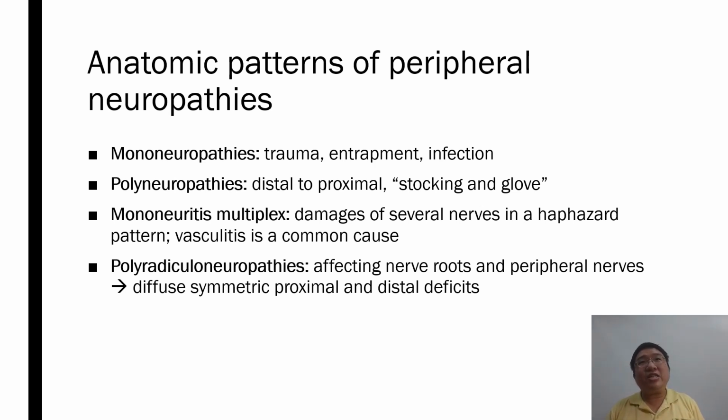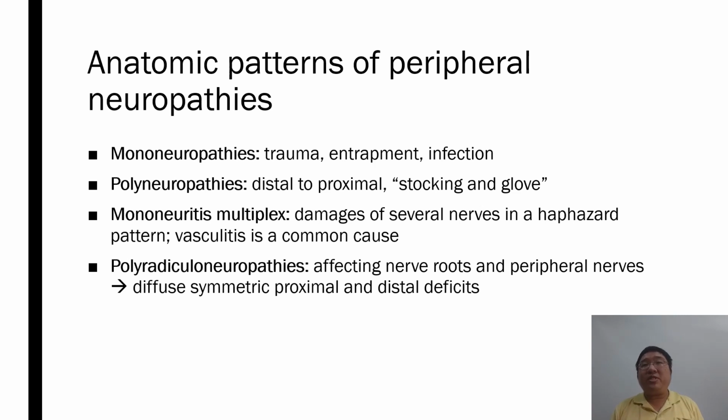Diseases of the peripheral nervous system can be grouped broadly by the distribution of the neuropathy. If we know the distribution, we can hypothesize the causes of the disease.